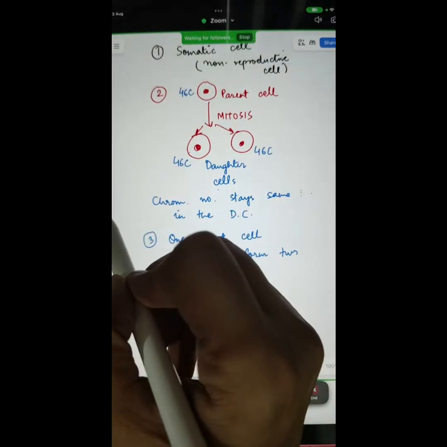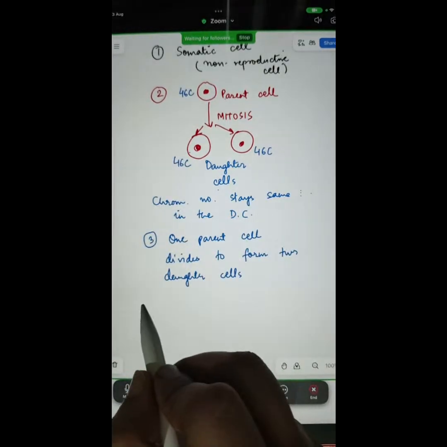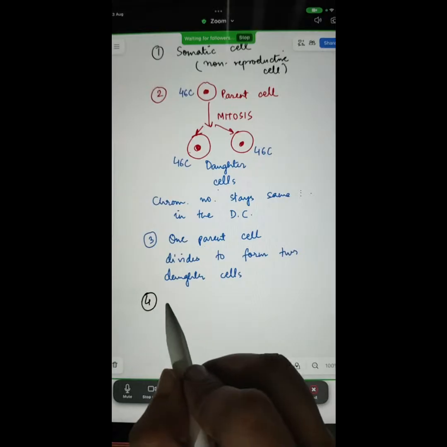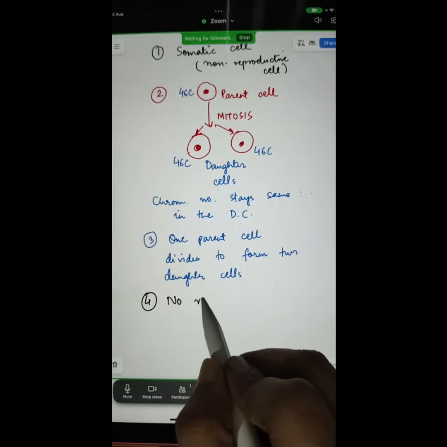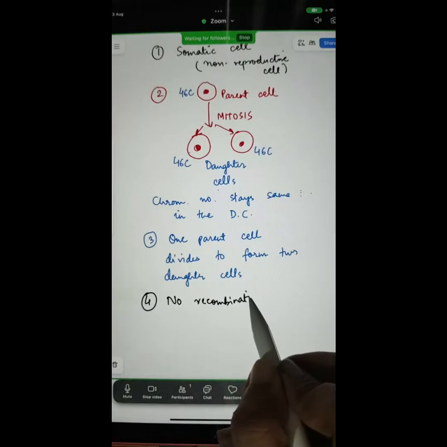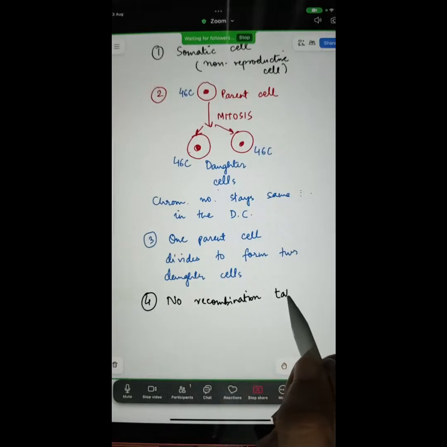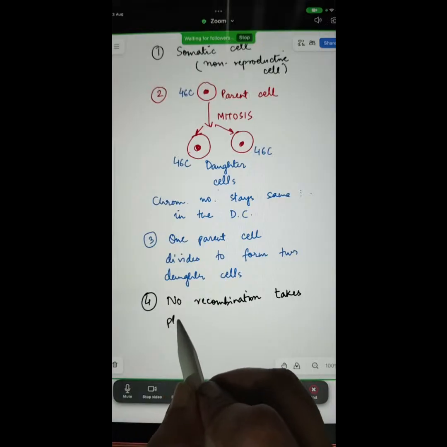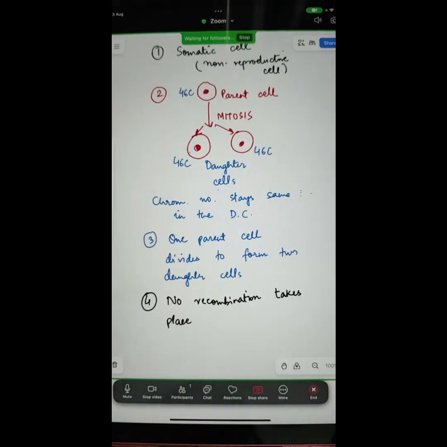Now let's write the last point for mitosis. No recombination takes place in the case of mitosis, because we are studying mitosis right now. What is recombination? Recombination is a process in which a chromosome may break down and may join with another. So there is no such phenomenon present in mitosis.